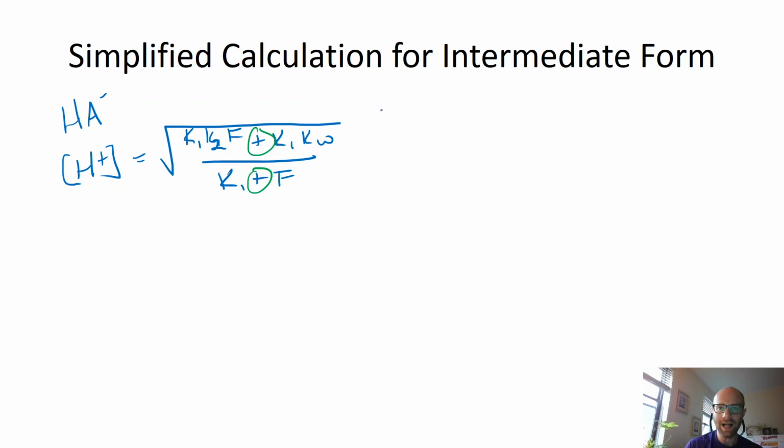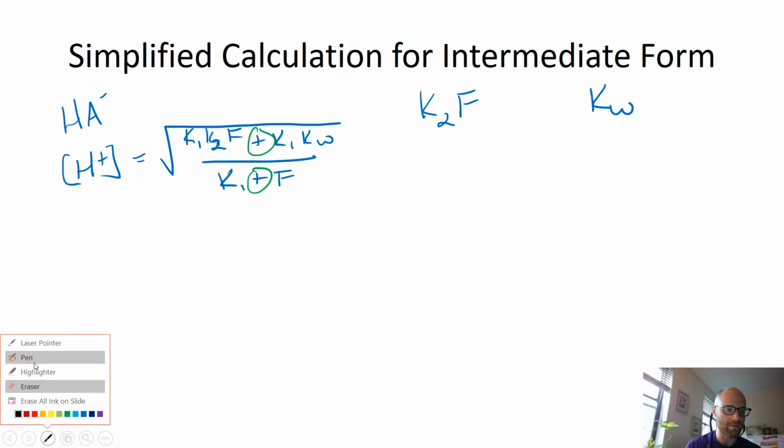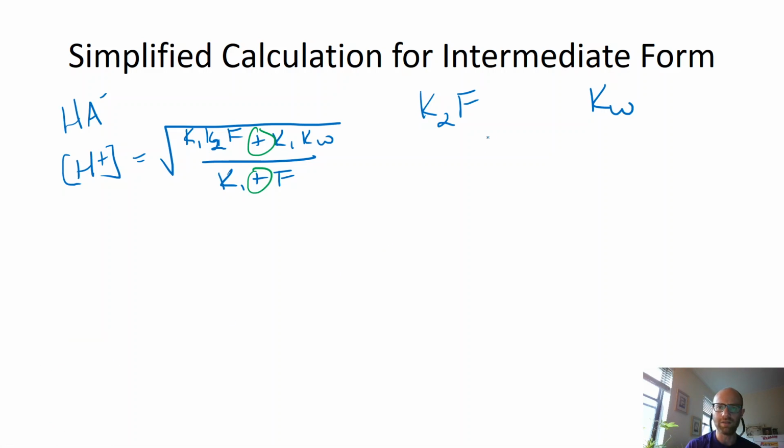So looking at the top, can we say something about K1 K2 F and K1 KW? Well, the real comparison that we're going to make here is, since the K1's present for both, we'll be looking at K2 F and KW. And for most solutions, if F is large, then K2 F will be larger than KW.